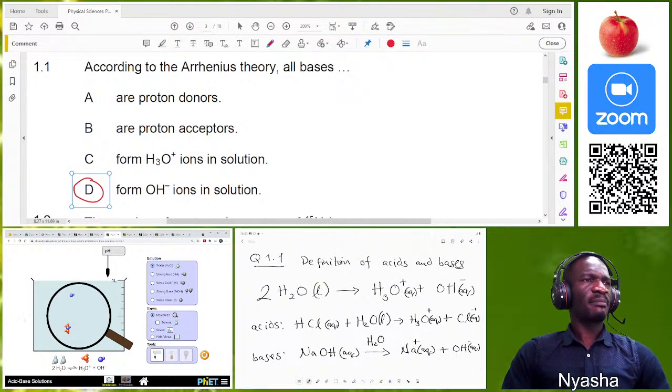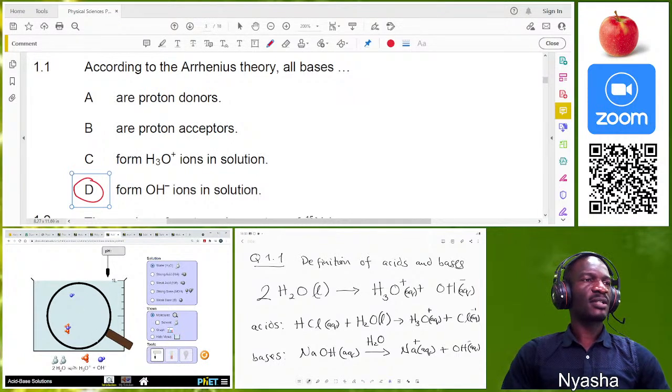So the lighter green color here is the water molecules. Then we have the hydronium ion as a red colored ion, and the hydroxide ions are the purple colored ions. So you have a case where sometimes inside water these dissociate.